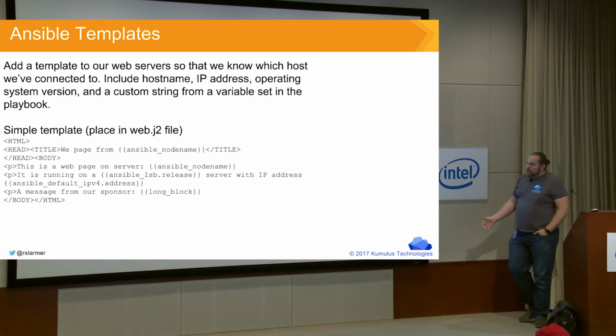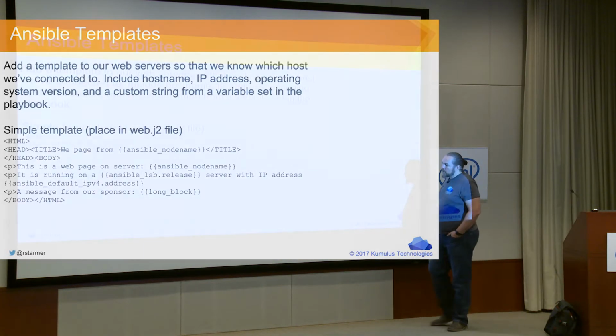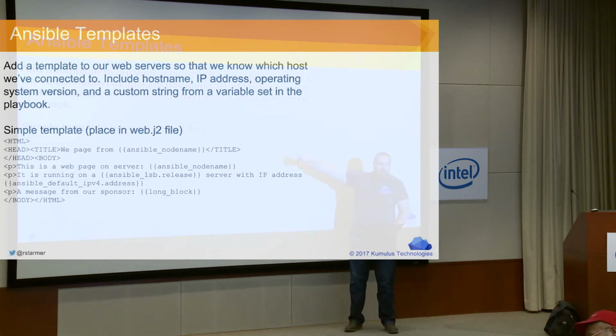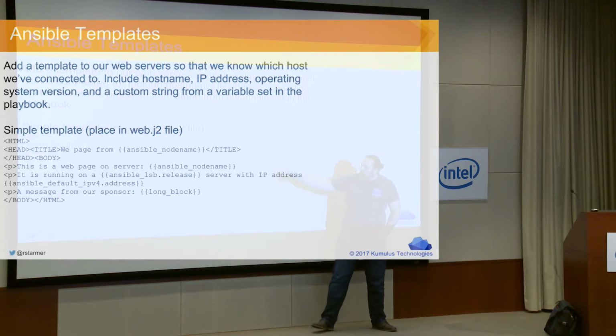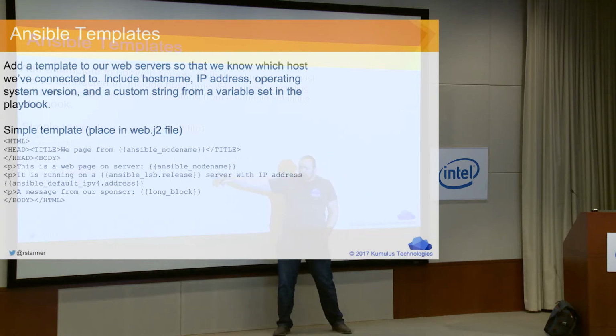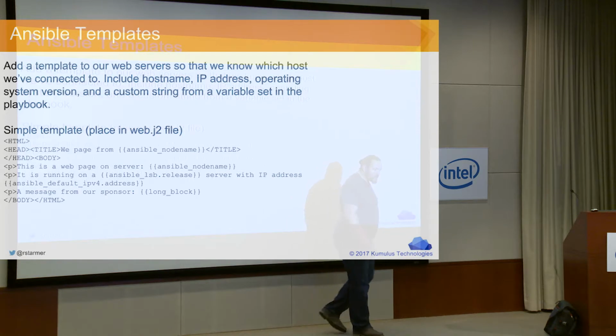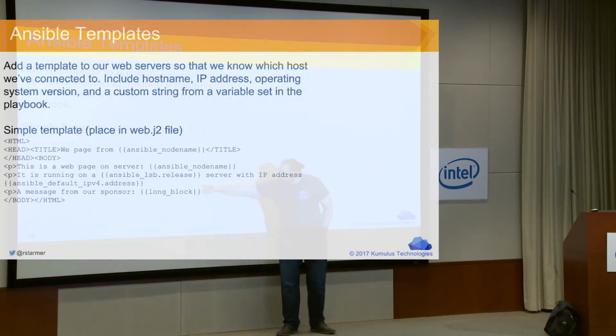A real simple example is just taking something like the Ansible node name. So this is something that I could learn from that setup command, which would give me all of the facts the system knows about the remote machine, and replace in a web file the node name. And actually here I also look for the Linux release, right, and inject that into my environment. And here I get the default IP address, right?